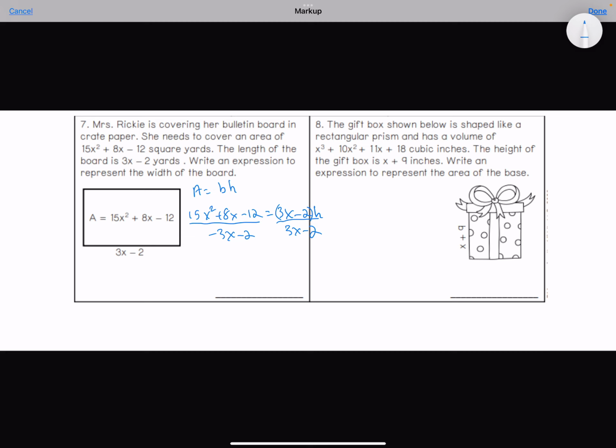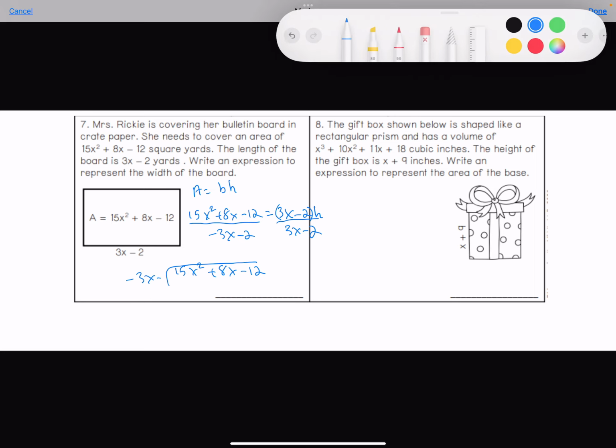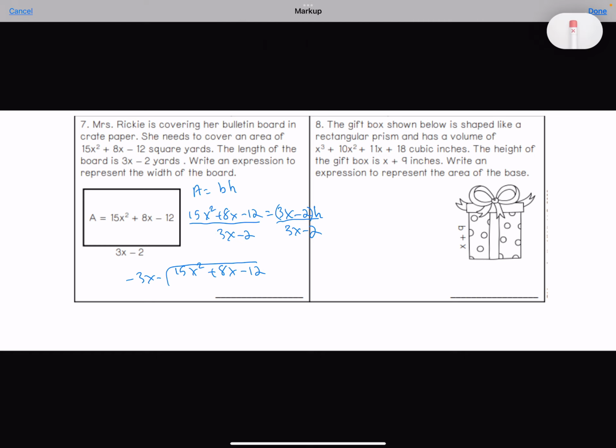So basically we just rewrote the same problem that I showed you on the earlier slides. So 15x squared plus 8x minus 12 divided by 3x minus 2. Whoops, sorry, it's not negative. That was just a stray mark.